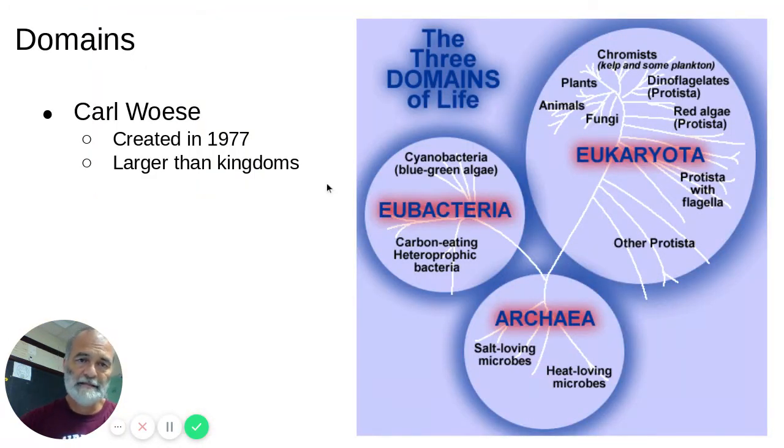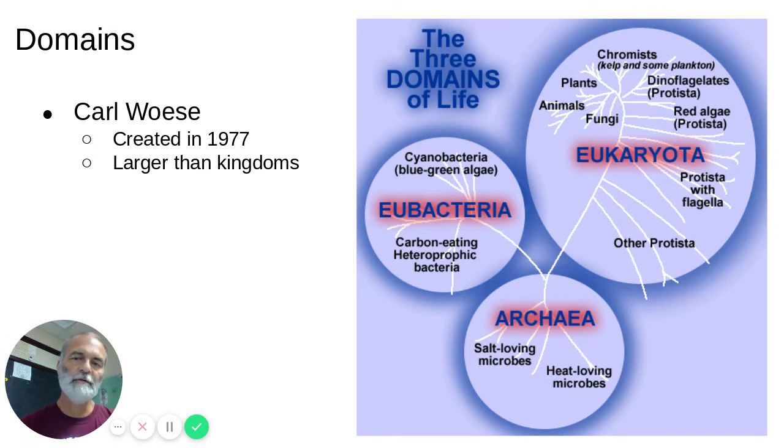So in 1977, somebody created domains, and they took the 5 kingdoms at the time and they broke them into 3 domains. The domains of things that are eukaryotes, like the song says. A cell with a nucleus is a eukaryote. They're the ones that have a nucleus.